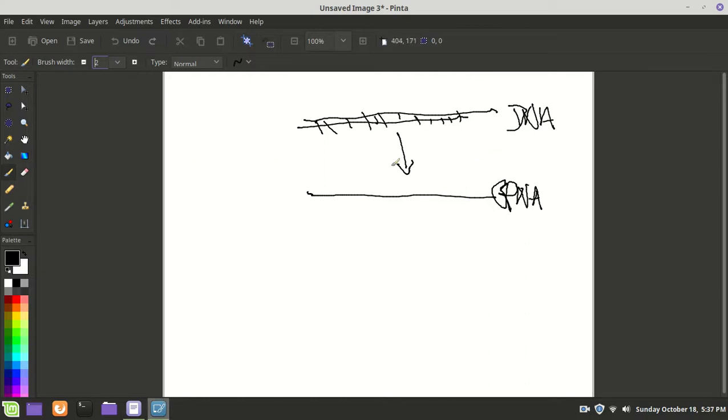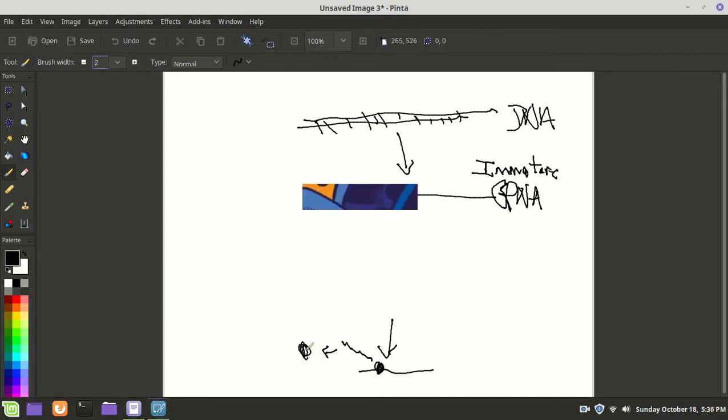Eventually, it's going to be read by the ribosome. The ribosome is going to read it and make the polypeptide, which is going to end up being your protein.